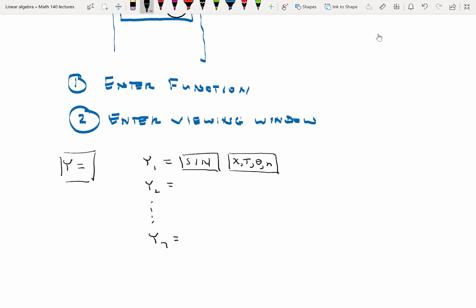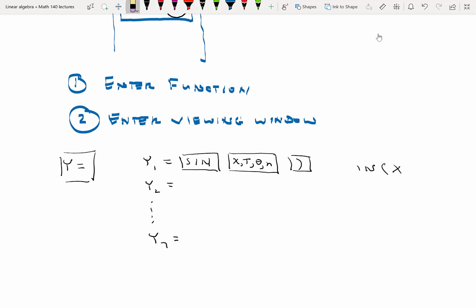And then close the parentheses. You'll see in your calculator sine, and then x with an open parenthesis. You need to close the parentheses, so push the close parenthesis button above number 9.